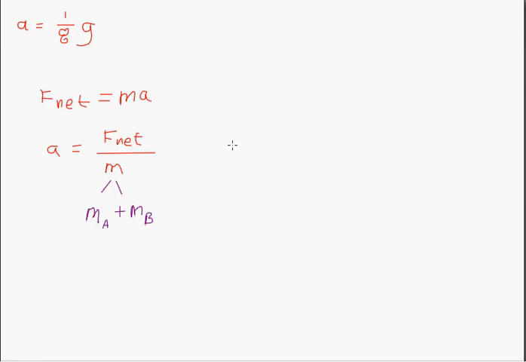Now, the next thing to realize is that we said before that F net equals F GA minus F GB, and that's what we did in the very first problem. So if that's not making any sense, go back and double check that. And the next thing you're going to do is simply substitute. Basically, I'm going to make it one big formula.